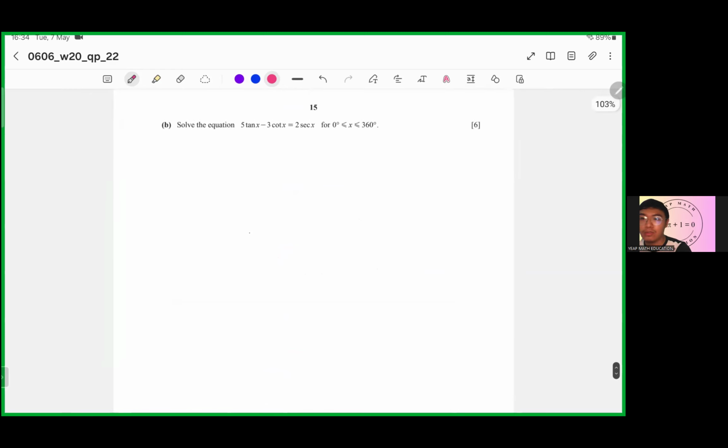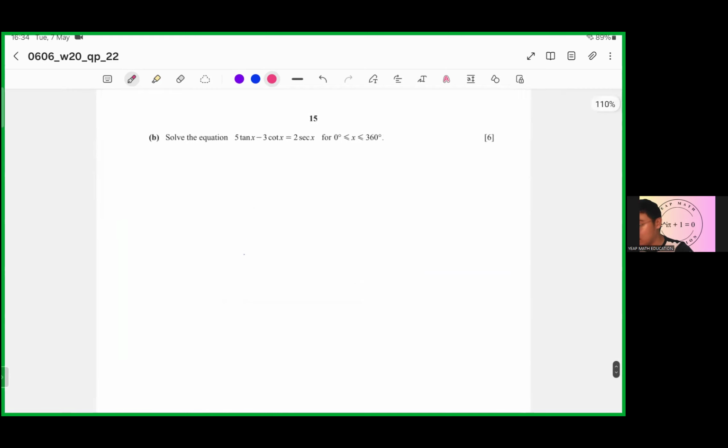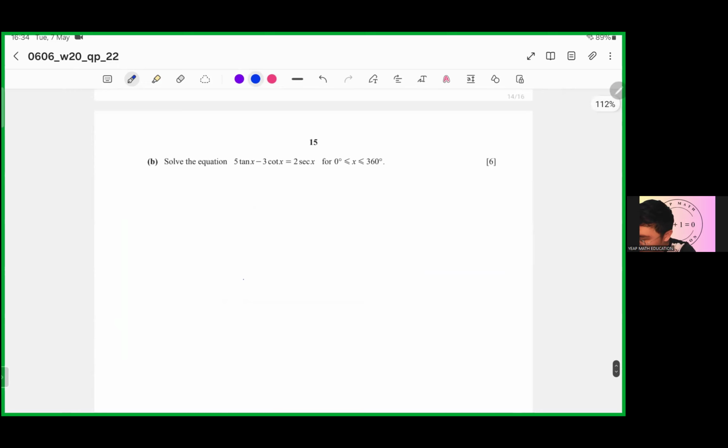Now we see the last question. Solve the equation 5 tan x minus 3 cos x equals 2 sec x, for x between 0 and 360 degrees. We need to separate everything. 5 sine over cos minus 3 cos over sine equals 2 times 1 over cos.